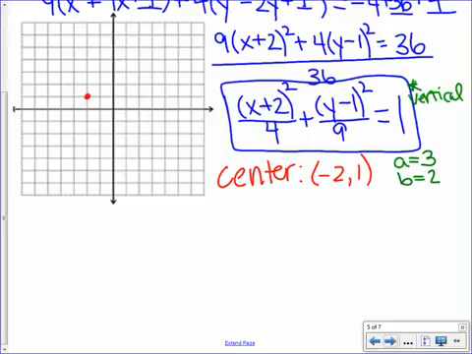We determined this is a vertical ellipse. So when we plot our vertices, they will be vertical, and how far away will they be? Brianna? They'll be 3 away.